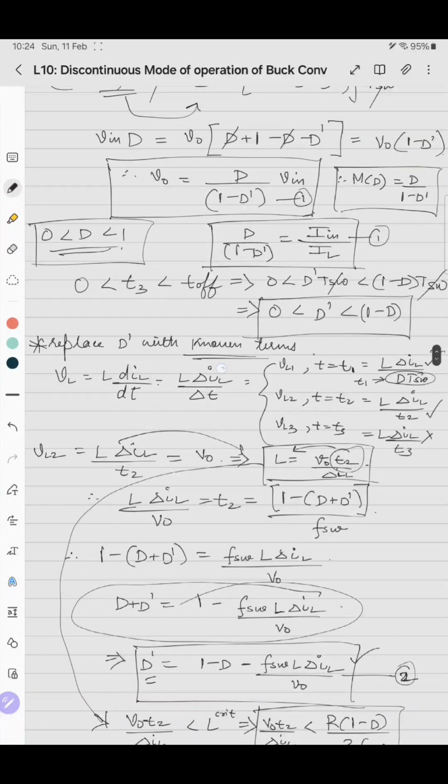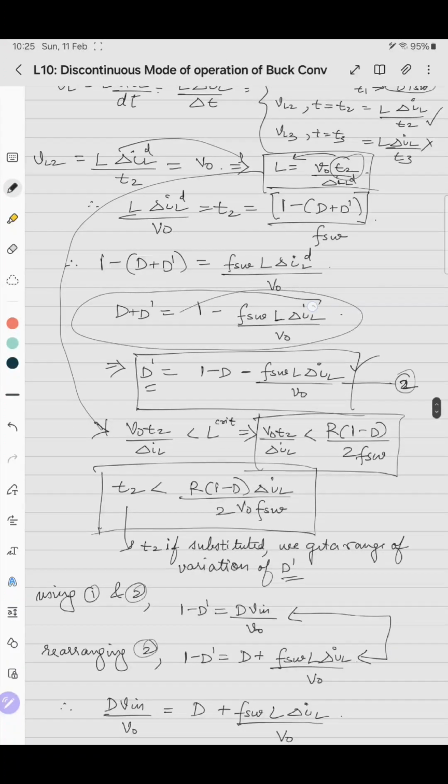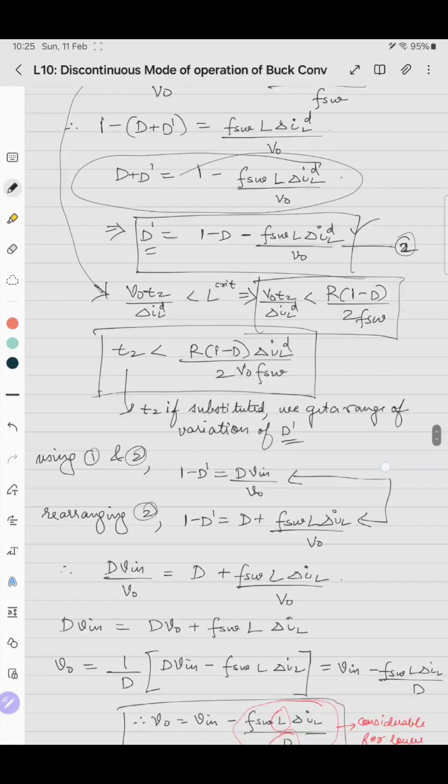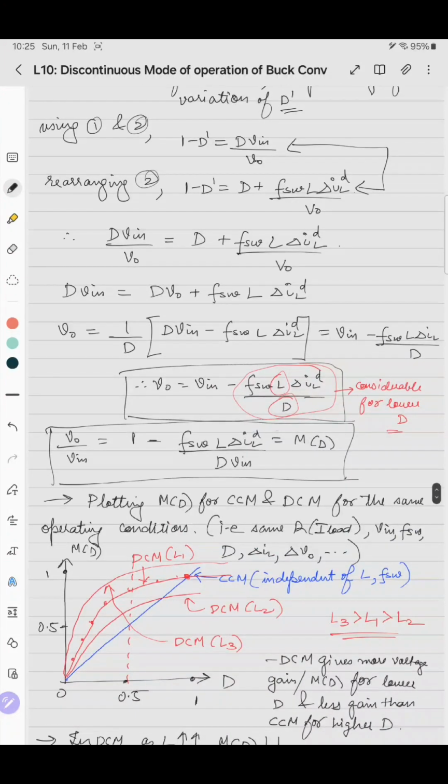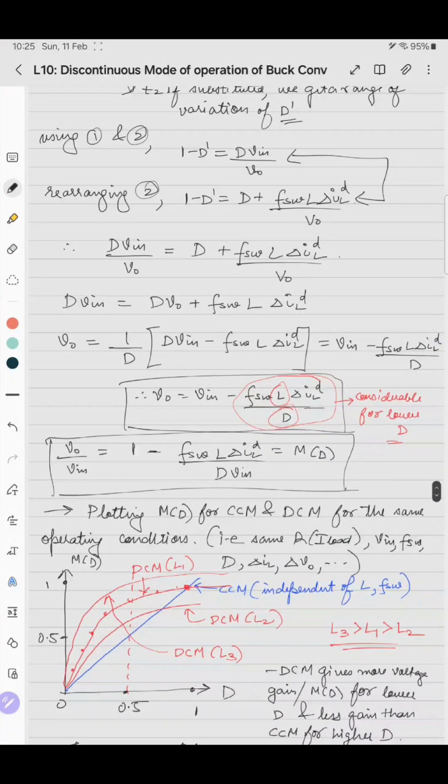So this should be delta IL of D, delta IL of T. Everywhere you have to write delta IL of T. So this is delta IL of D. Now again the thing is delta IL is not known to us.